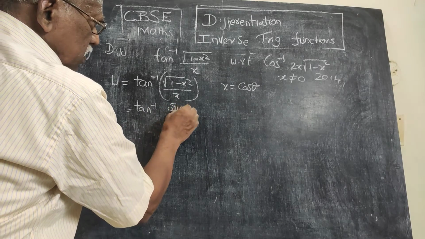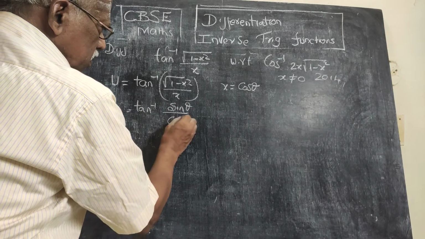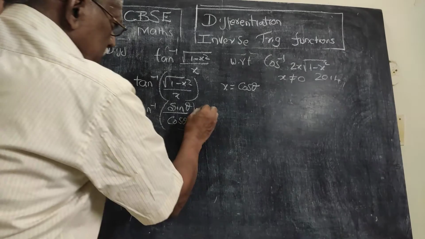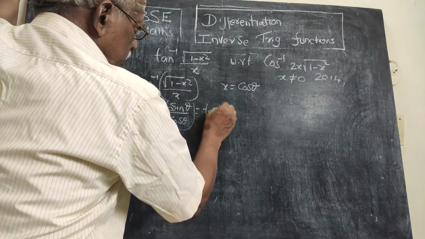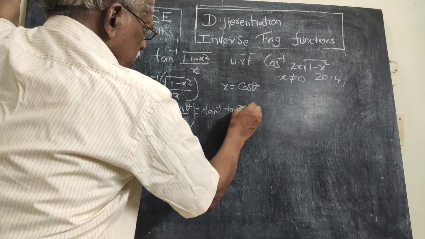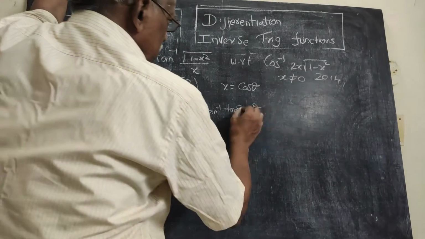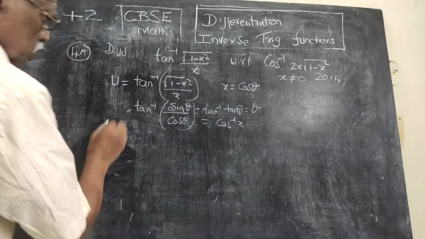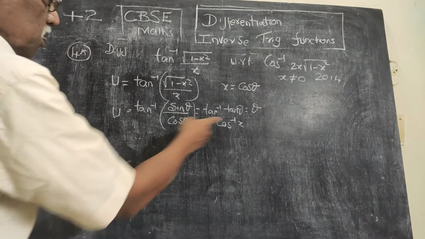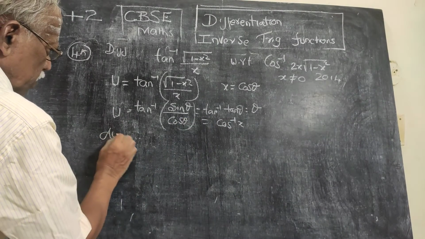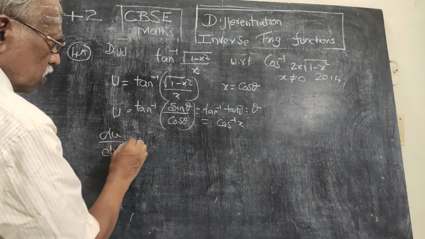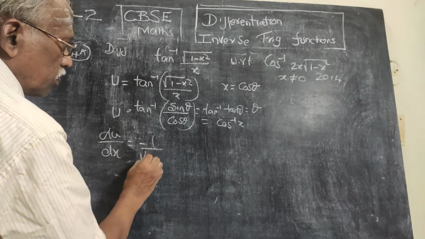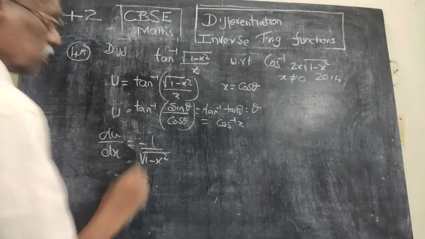So sin theta, x is cos theta. So the result is tan inverse of tan theta, which is theta. That theta is nothing but cos inverse x. This is u, u in terms of x. So go for du by dx, minus 1 by root of 1 minus x square.